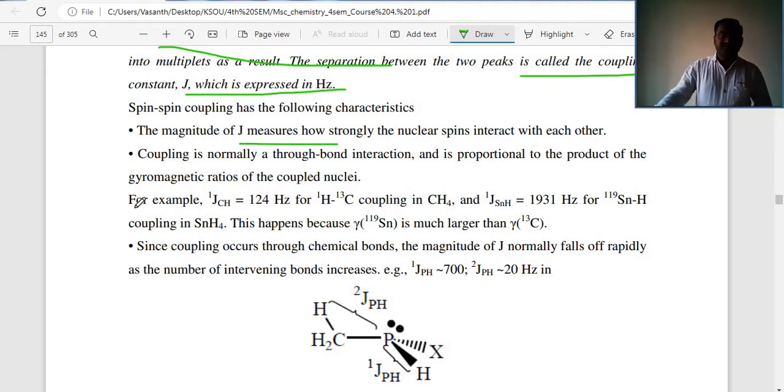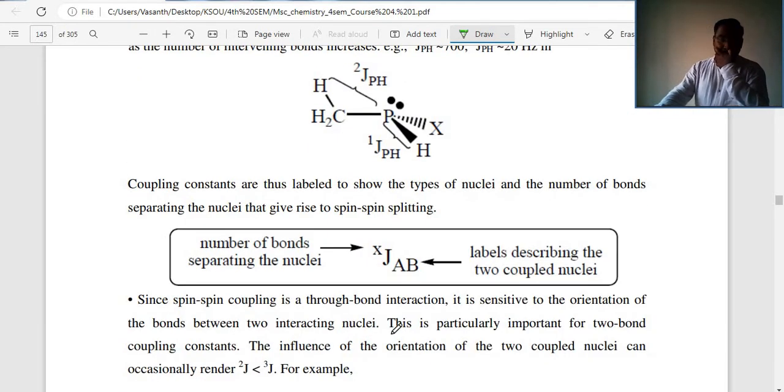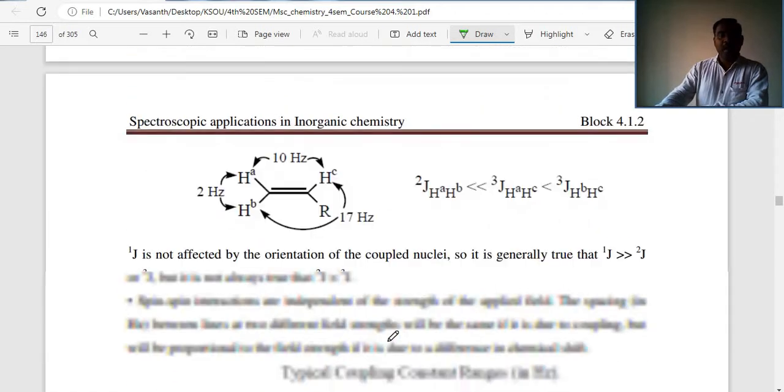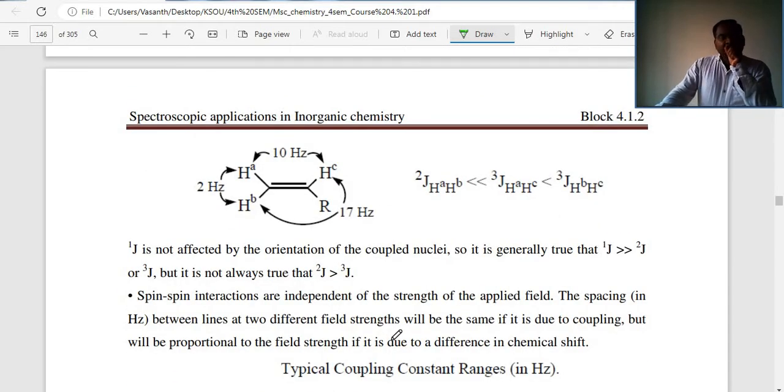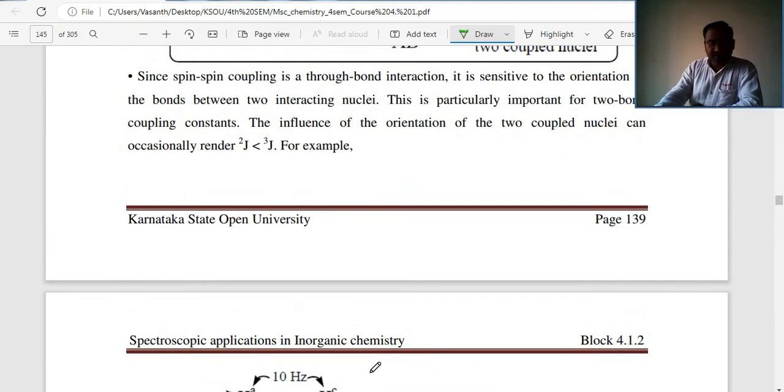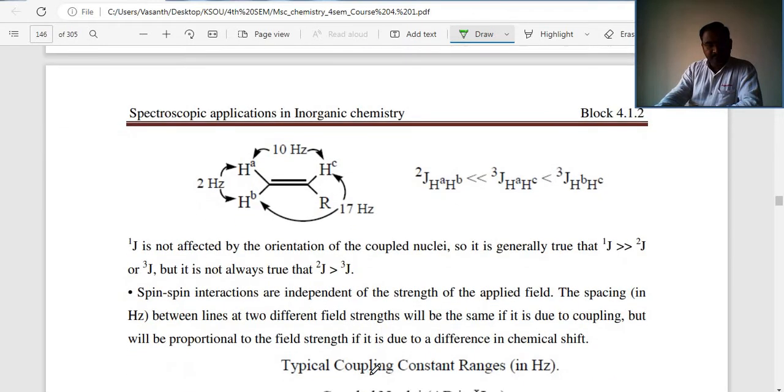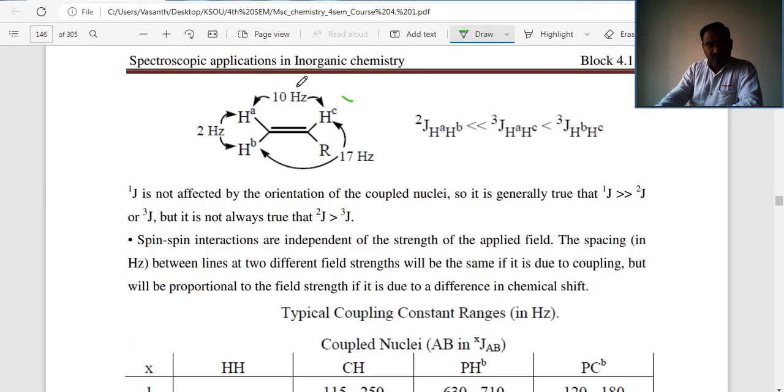Next we consider the coupling occurs through chemical bonds. The magnitude of J normally falls off rapidly as the number of intervening bonds increases. Next we consider this molecule.